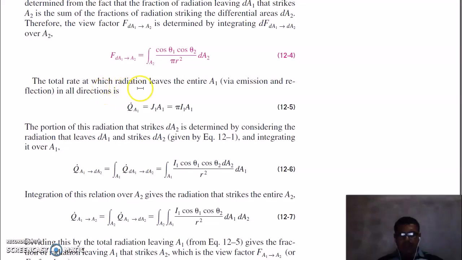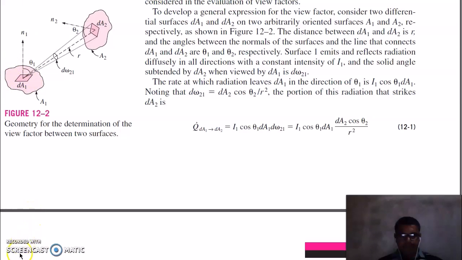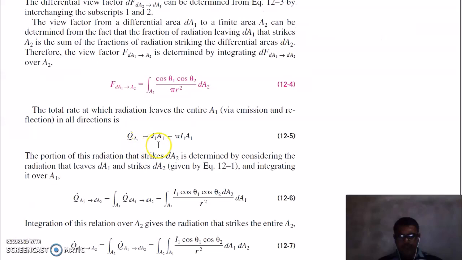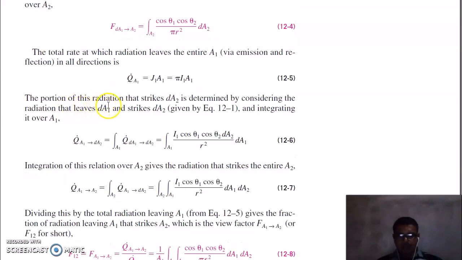The total rate at which the radiation leaves the entire area A1 is equal to QA1, which is equal to J1 A1, which is pi I1 A1. The portion of this radiation that strikes dA2 is determined by considering the radiation that leaves dA1 and strikes dA2 and integrating it over A1.